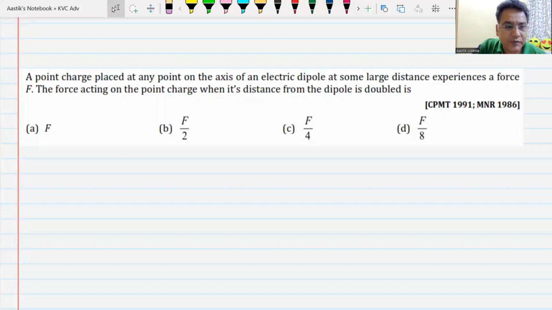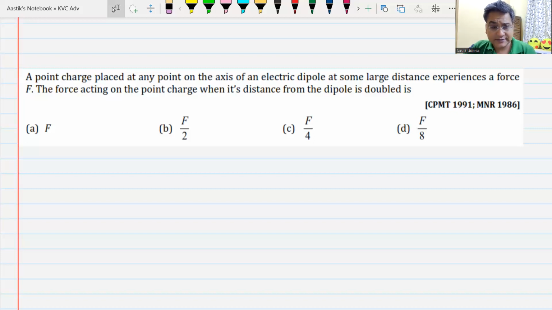Then this is the next question, sir. A point charge placed at any point on the axis of an electric dipole at some large distance experiences a force F. What will happen to the force if the distance of the point charge from the dipole is doubled?